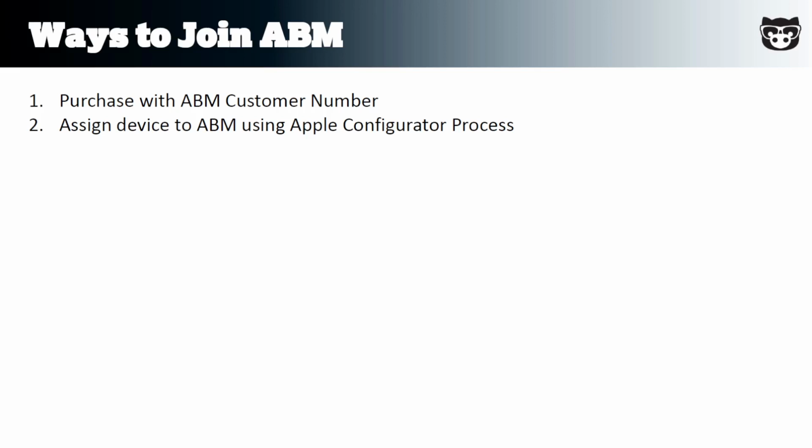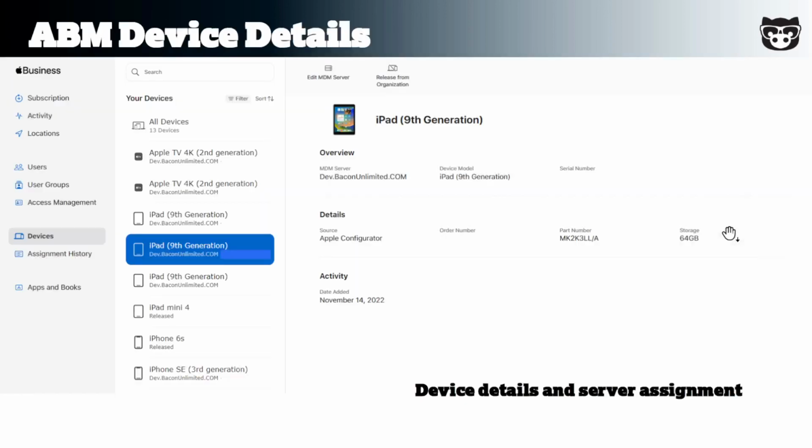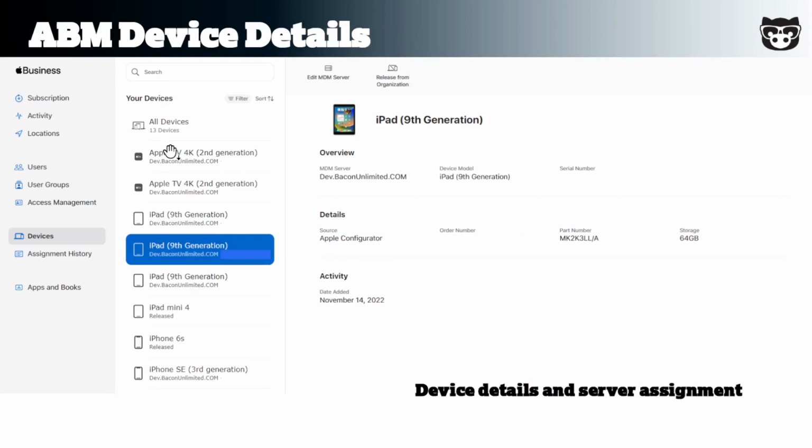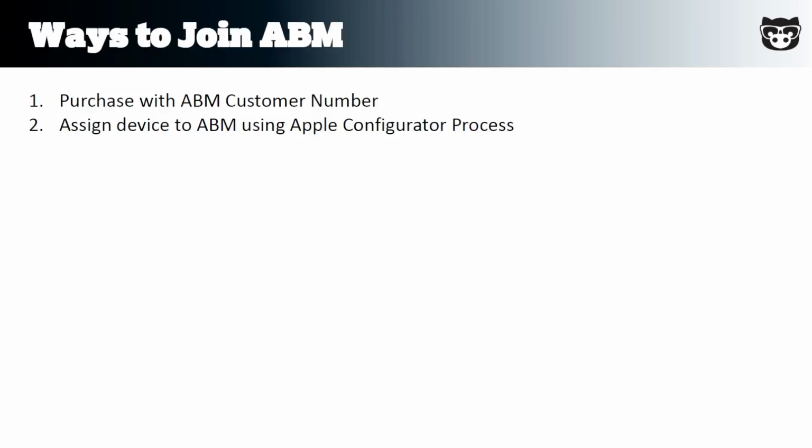It's very important. Once they have your ABM customer number, then once those devices are yours, it takes about a day, and then they will show up as a device inside your portal. And so a lot of these have been assigned through the customer ordering process.